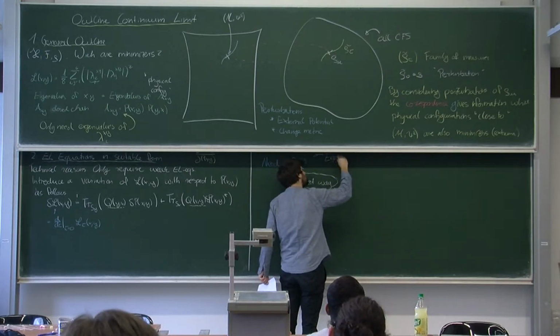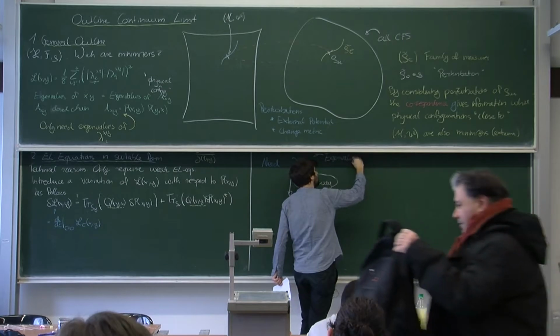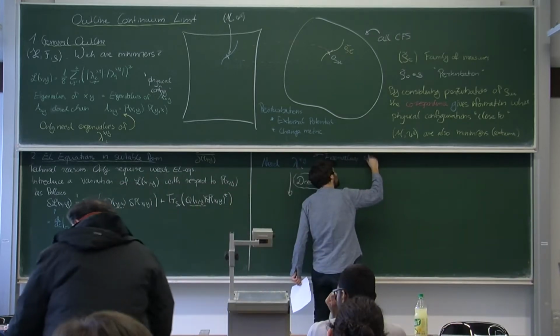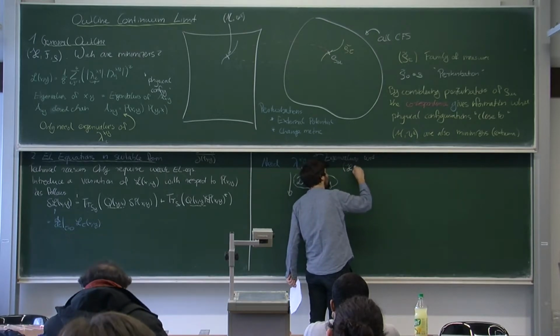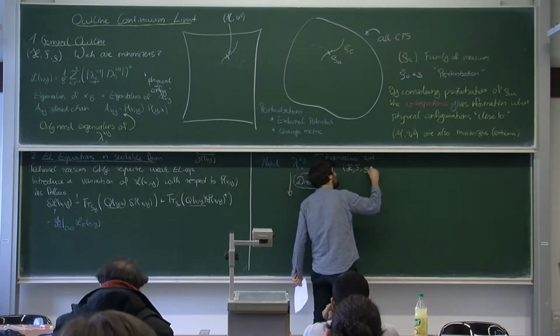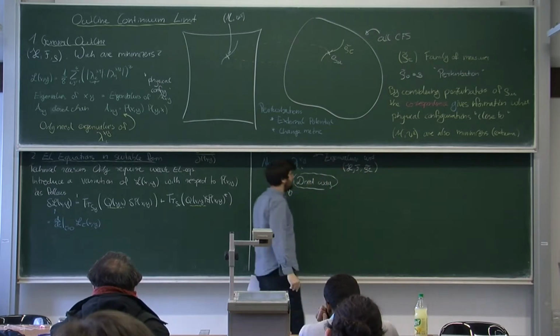These are the eigenvalues with respect to the variation, which I call rho tilde tau.